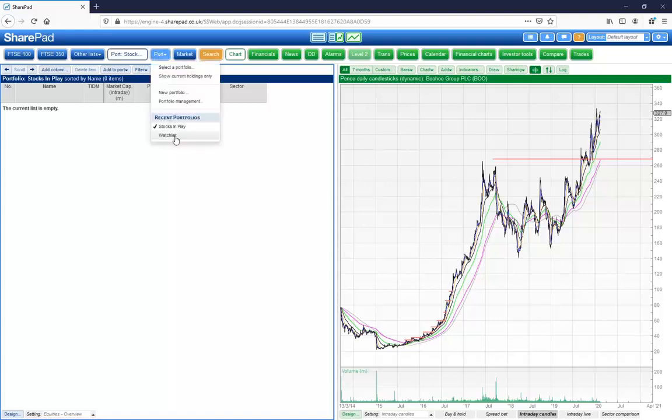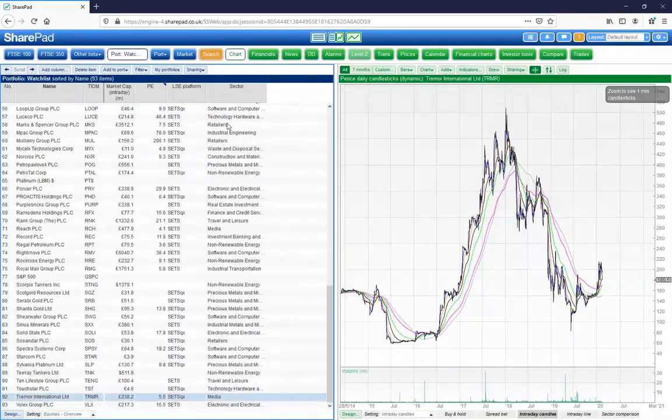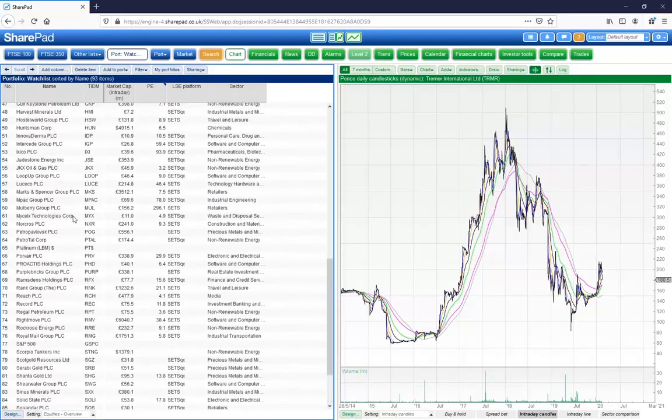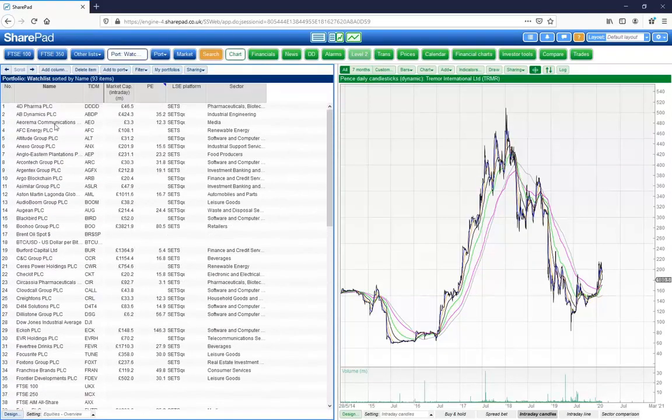If we scroll to the watch list, I used to have a watch list of about 200 to 300 shares, and the problem with that was it was just so hard to keep track of them all. So what I've done is I now keep it below 100. It's a lot more manageable, and rather than trying to catch every single trade, it's much easier to catch fewer higher quality trades.